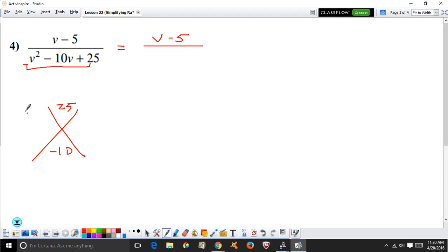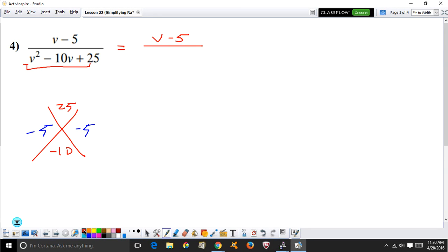Well, what will be those numbers? Two numbers that multiply to 25 and add to negative 10. Oh, okay, 5 and 5. Okay, 5 times 5. Oh, how about negative 5 and negative 5? Negative 5 times negative 5 is positive 25. Negative 5 plus negative 5 is negative 10.